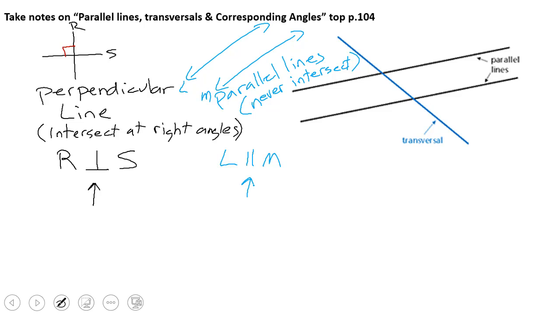Now, we do have some special situations when we have parallel lines that are intersected by a transversal. That creates some very special relationships. And the first special relationship we are going to talk about is corresponding angles, formed when two parallel lines are cut by a transversal.